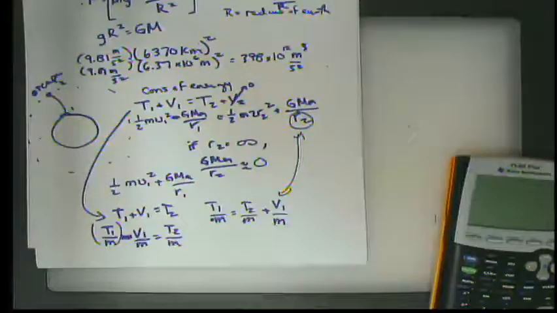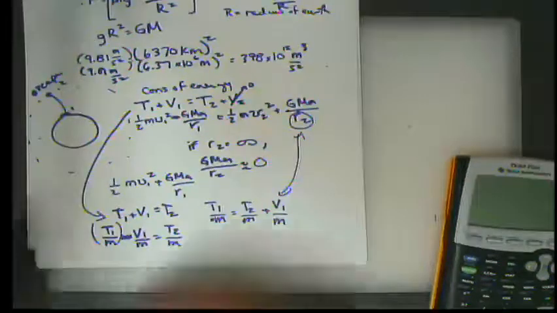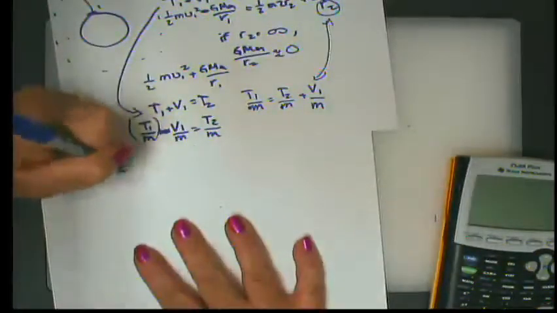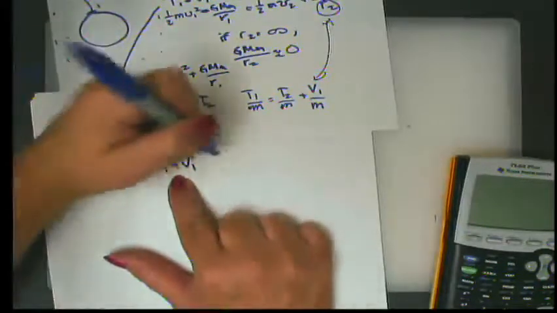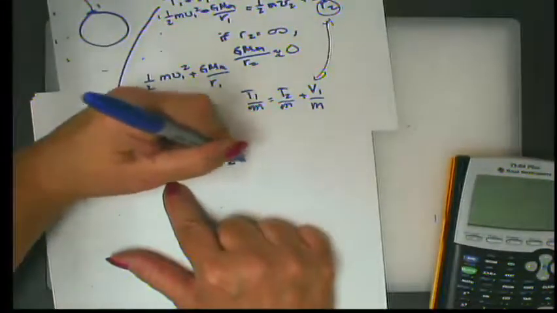I mean, mathematically, it's okay. Let me just do this a different way for a second. All right. So if we start with this, T1, I'll try this one more time. If I don't like it, I'm going to quit because I don't want to put something inaccurate up here, something that bothers me, is equal to T2 plus V2.